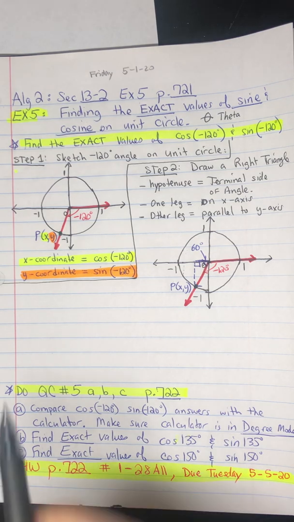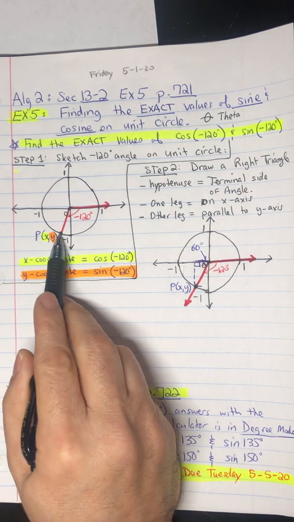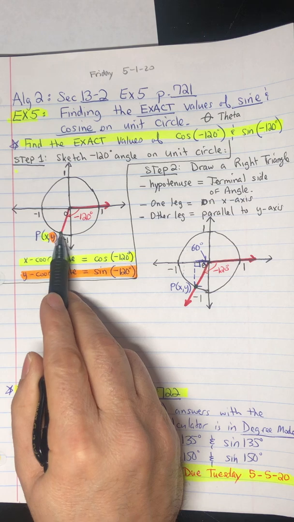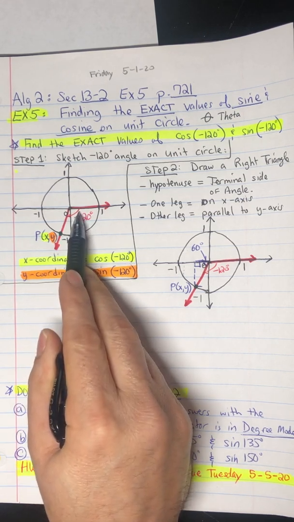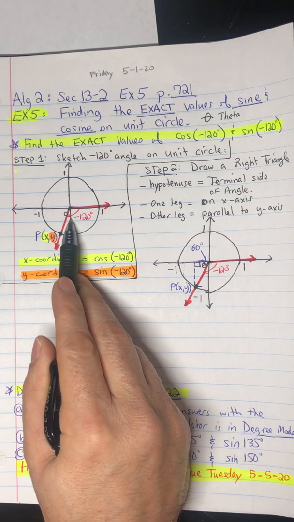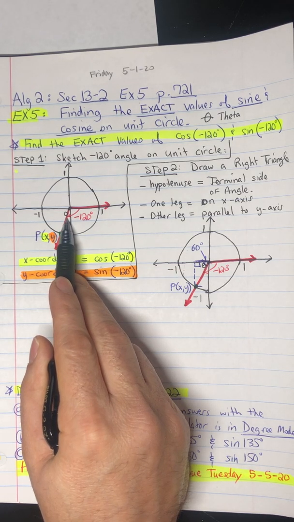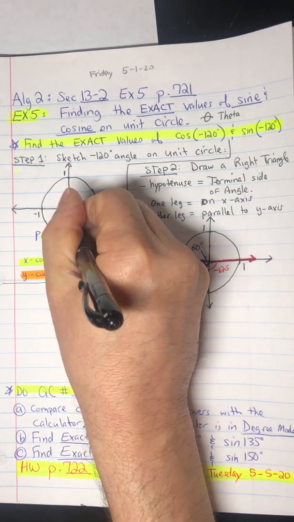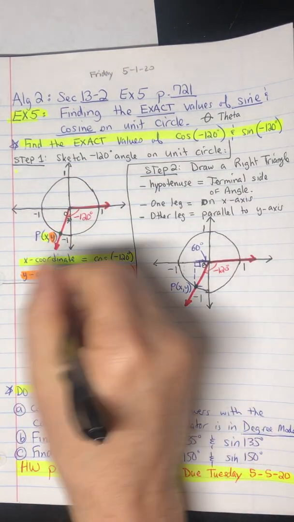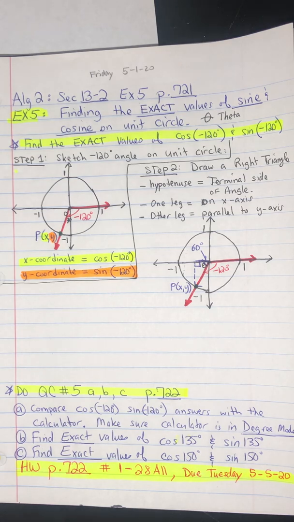Negative 90, and 30 more would be negative 120. This angle here is 30 degrees. That's important to know because we're going to draw a right triangle.